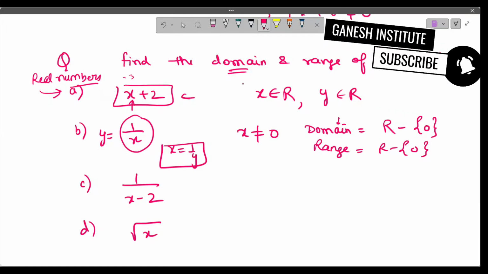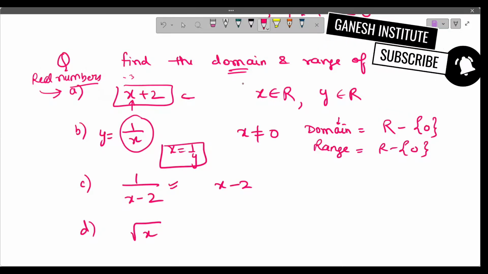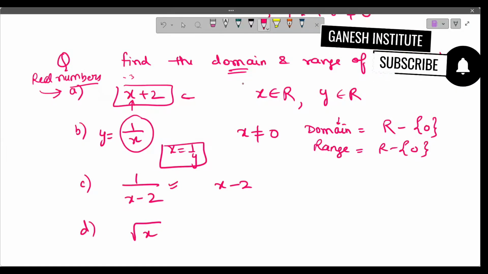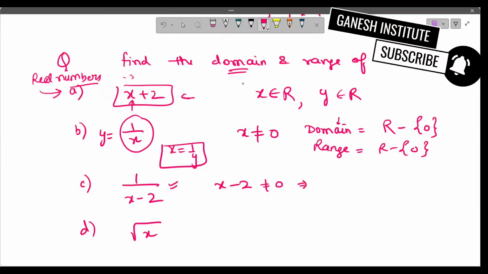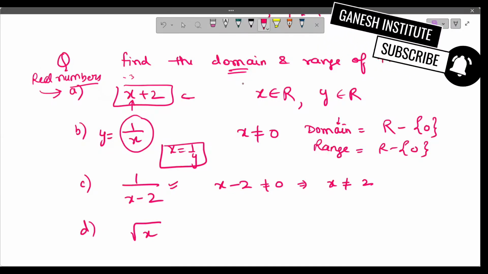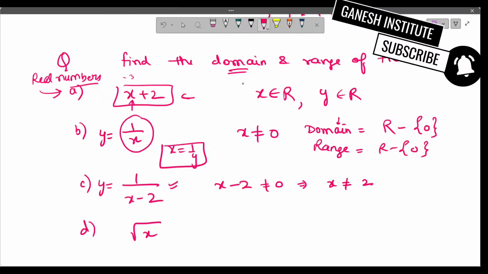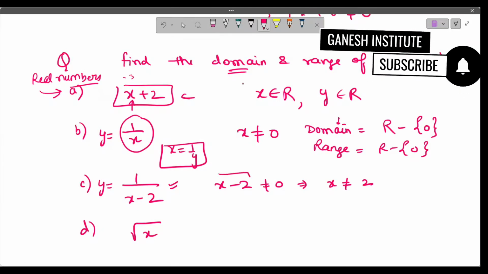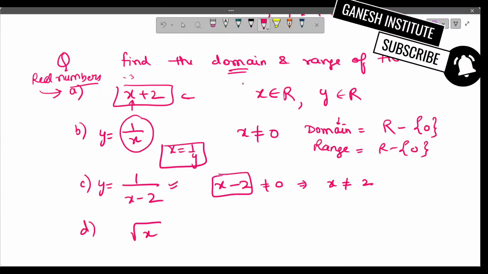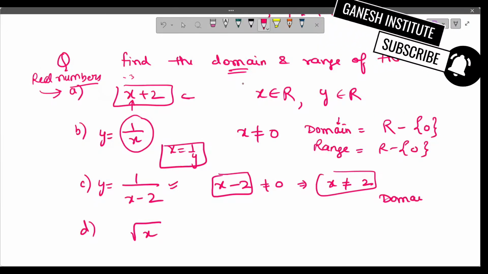Tell me what about this one? x minus 2 is the denominator. So x cannot be 2. And how do you find the range easily? Firstly, you will be having this. So once you get what x cannot be, that will be your domain. And you can write it in two ways.